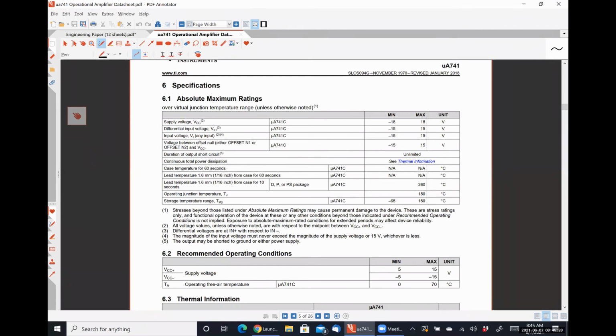So you could do it as VCC plus is 5, and VCC minus is negative 10. You could technically do it as VCC plus is 12 and VCC minus is 5. The only real restriction here is that VCC minus needs to be less than VCC plus. If that isn't the case, it won't work right. But other than that, you're good to go.